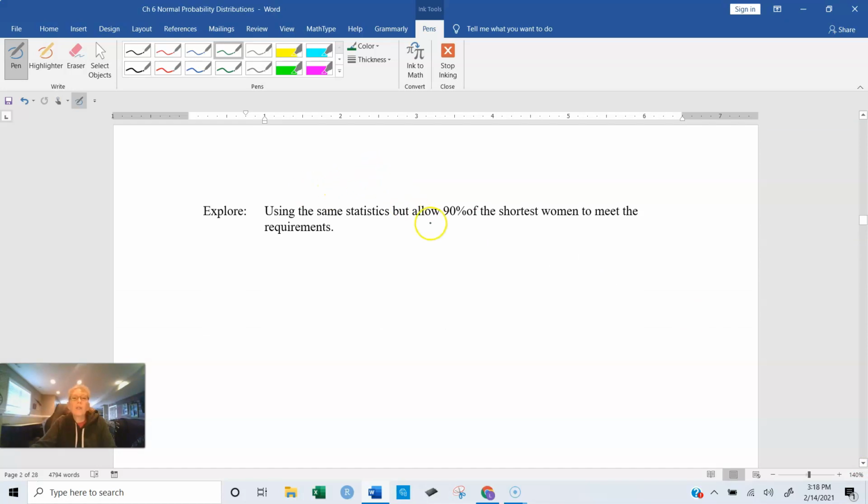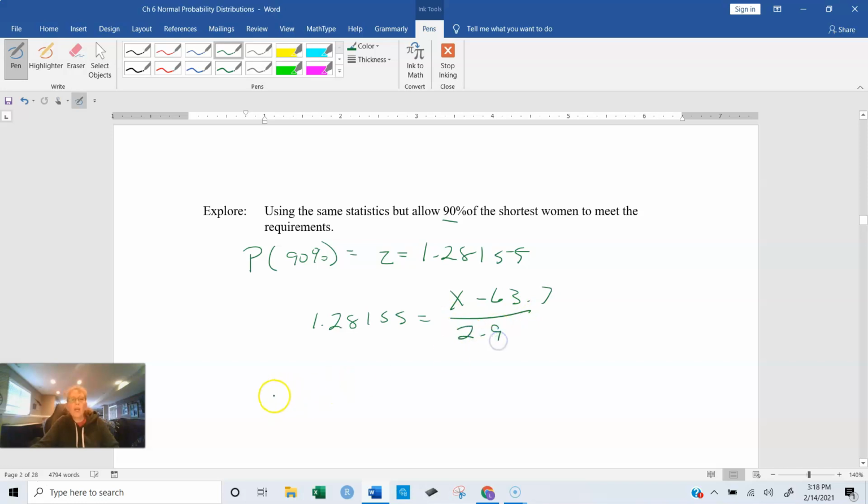All right, I want you to do the same thing, but now a 90% requirement for the woman. So now you should have found P of 90%. Your Z-score would have equaled 1.28155 from StatDisk. You would have typed that into your program, 1.28155 equals X, what you're looking for, 63.7, and your standard deviation of 2.9 have not changed.